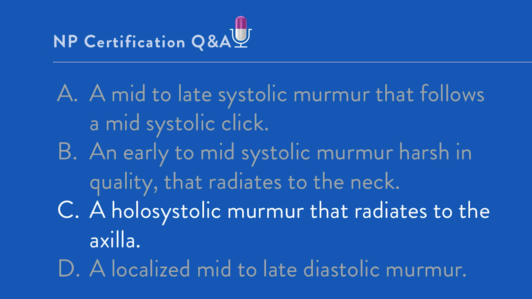So circling back to this patient, please note that he reports symptoms related to reduced cardiac output, orthopnea, and dyspnea on exertion. I know when you approach a question or a clinical scenario that has to do with heart murmurs, it does appear to be something that you just need to memorize and be done with it.